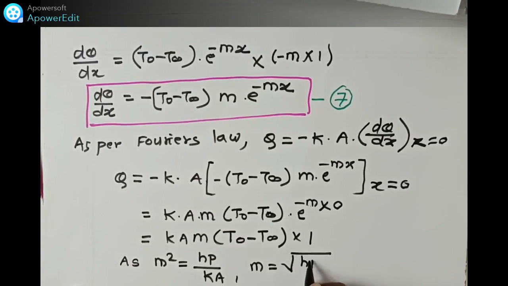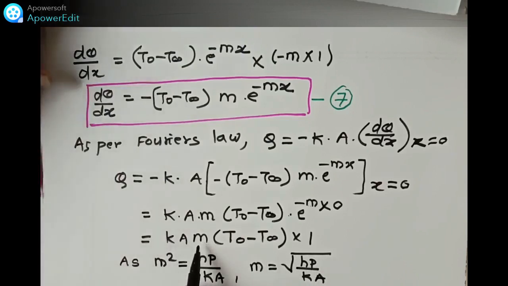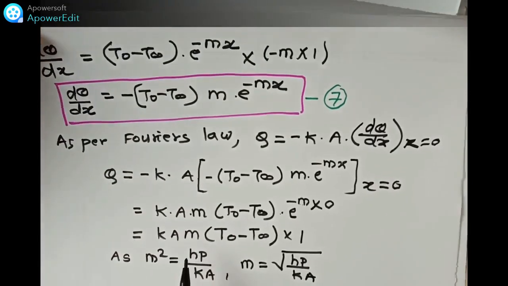Square root of hp by ka. So now we can substitute this hp by ka under the square root for this m in the next step.